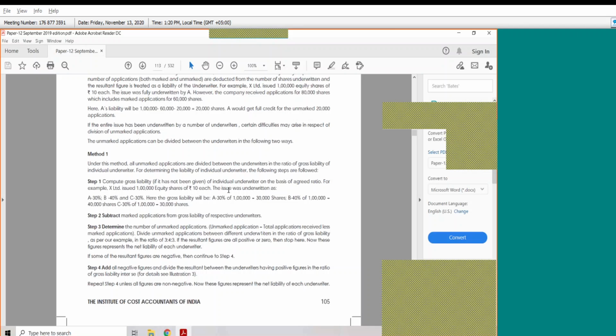Just refer to the next problem, illustration 58. Just go through the question.